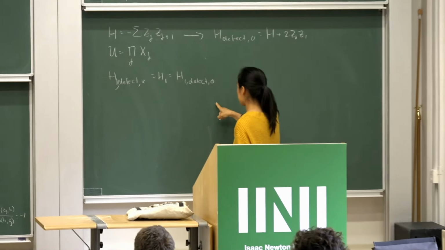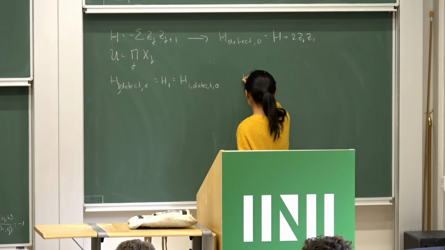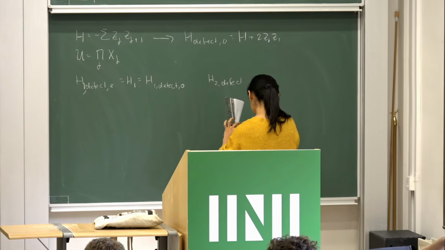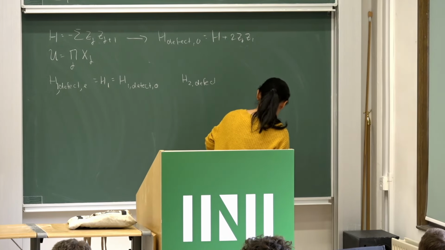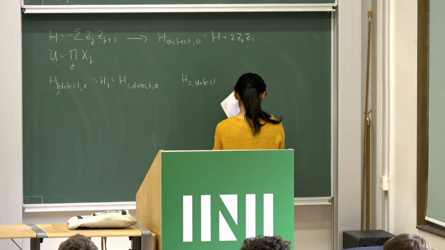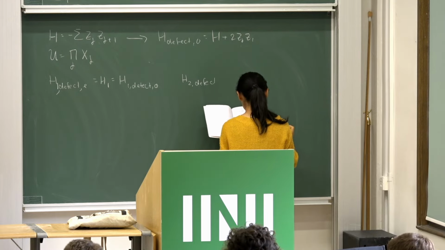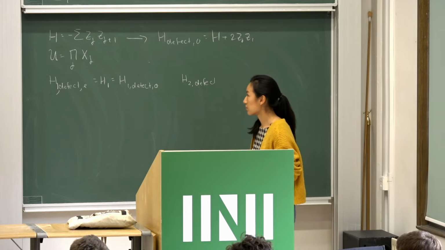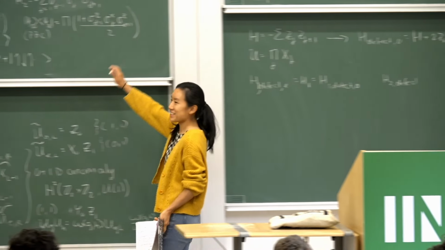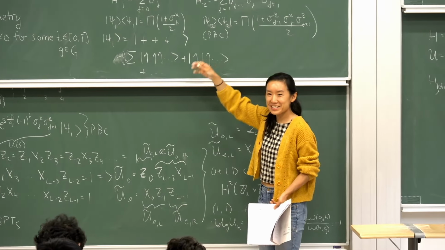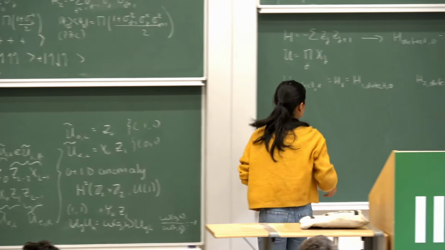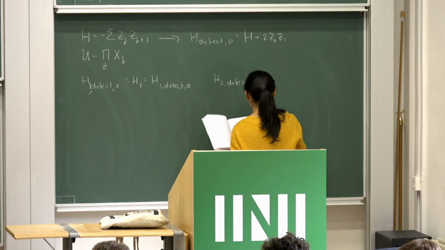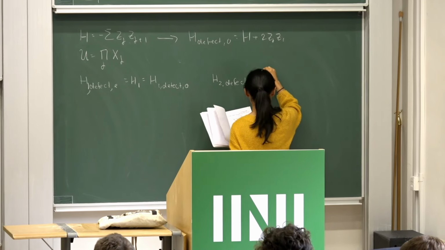However, if you do this with H2, what you find is that H2 defect even is modified. What is H2 here? I'm still looking at the same example, just from a bulk perspective now.